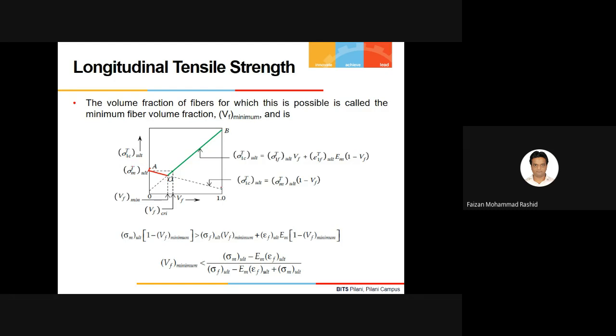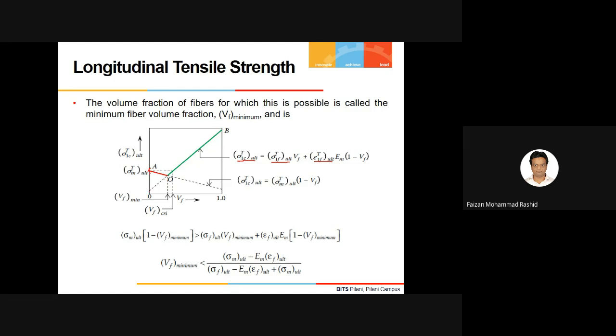This expression gives you the ultimate tensile strength of my composite material, which is a function of the tensile strength of your fiber and the tensile strength of your matrix, both. So this will be my response. The plot will be like this one.